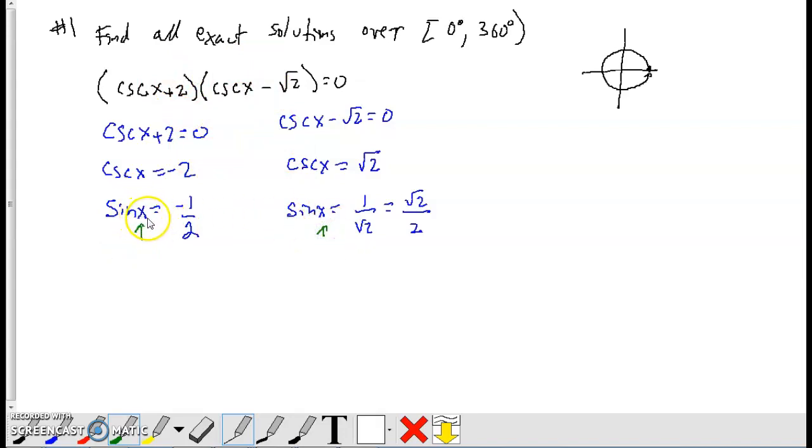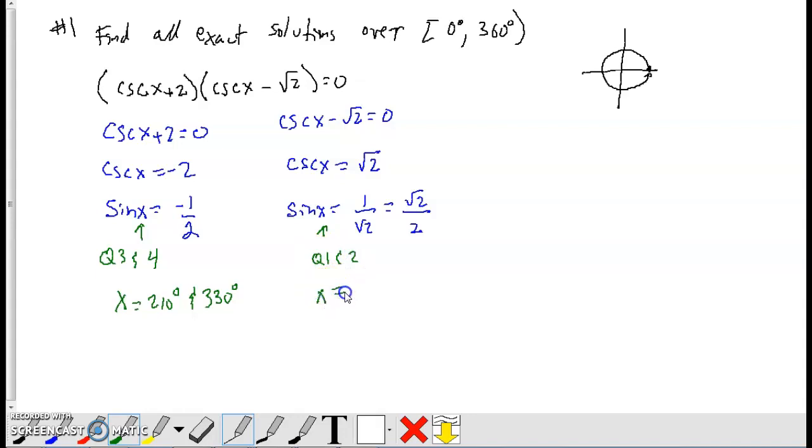Where sine is negative will be quadrants 3 and 4. So when we look at our unit circle, our two answers are going to be 210 degrees and then 330. When sine of x is equal to a positive number, we're looking at quadrants 1 and 2.